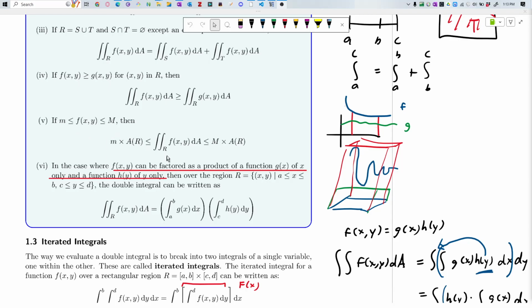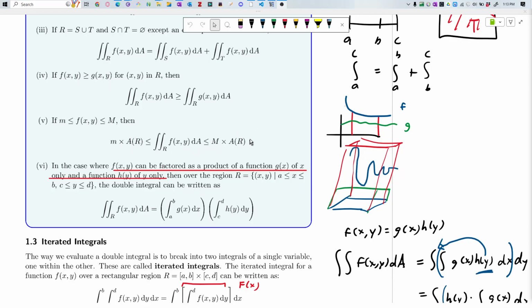So then, of course, if you take the minimum value of the function and you create a rectangular prism out of that, the volume of that rectangular prism is of course going to be less than the volume below the surface. And if you take the maximum value of the function, and you create a rectangular prism out of that, of course the volume of that rectangular prism will be greater than the volume below the surface itself.